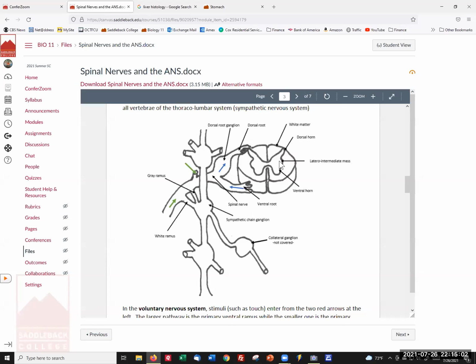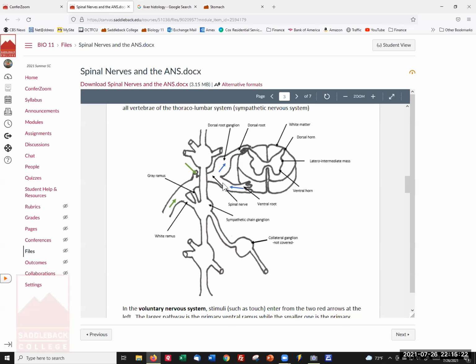And the bulge is the lateral intermediate mass. That'll be the start of our preganglionic neuron when we get there. We're not there yet. Let's finish naming this.